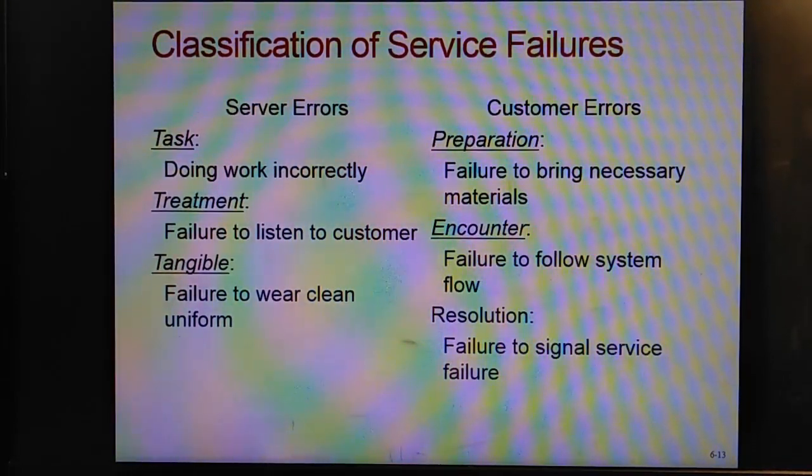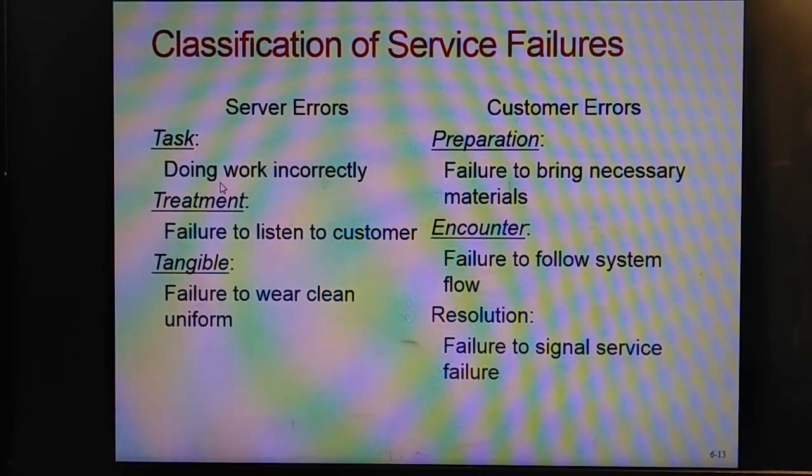Classification of service failure, for example, server error or customer error. For example, the server error is doing the task incorrectly. Customer error is failure to bring necessary material. As for the treatment, the server error is failure to listen to the customer, and customer error is failure to follow the system flow.